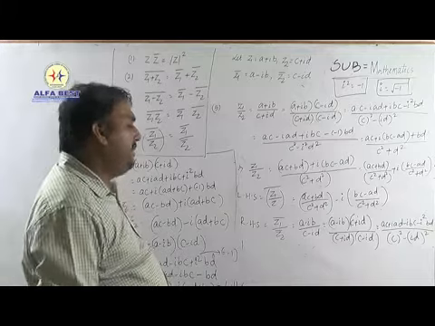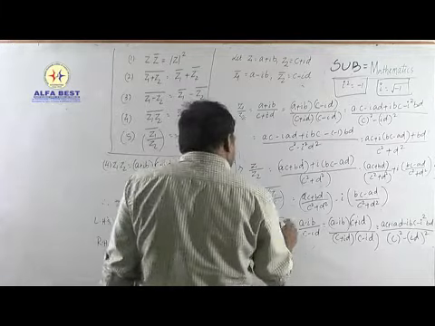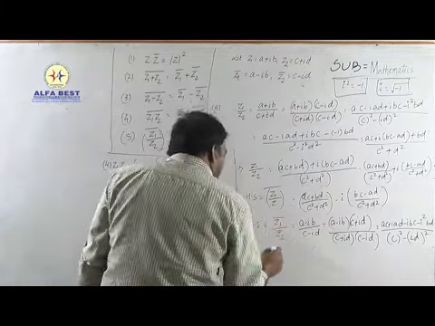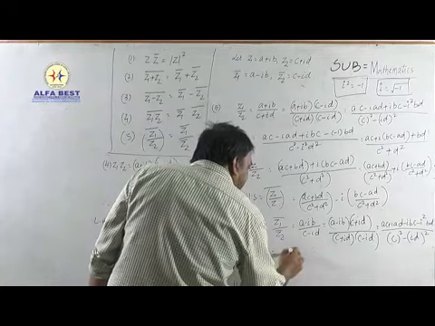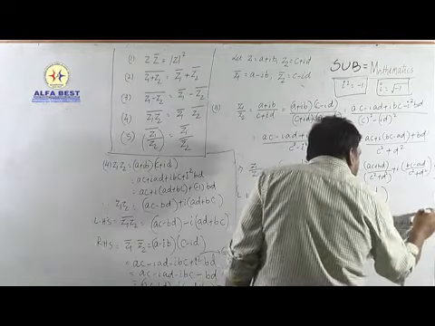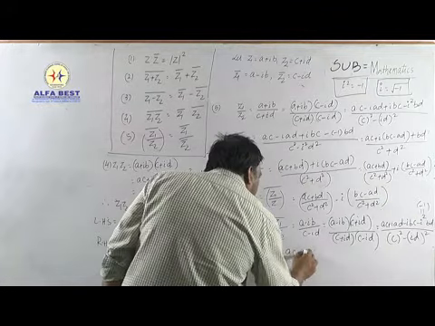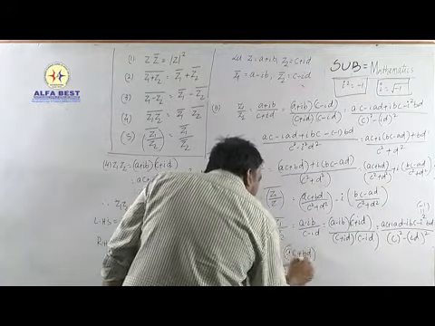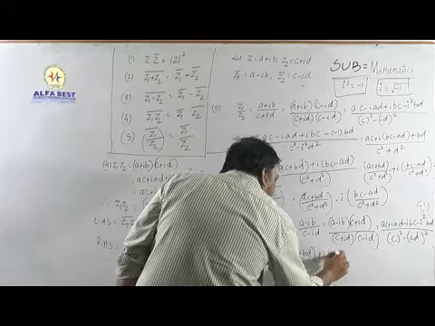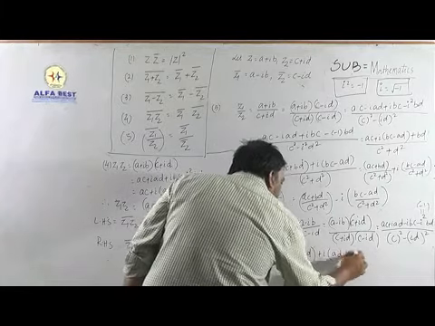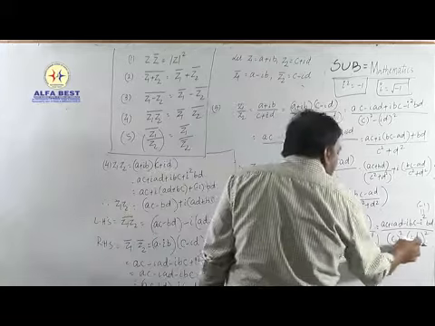A plus B into A minus B formula. So this is Z1 conjugate by Z2 conjugate. So I square is minus 1. So this will be AC plus BD plus I into AD minus BC divided by I square into minus 1.